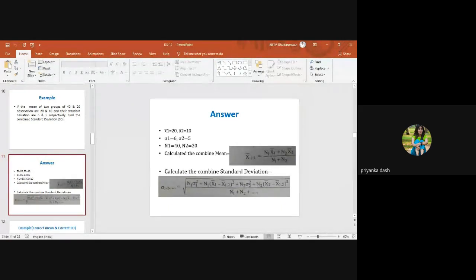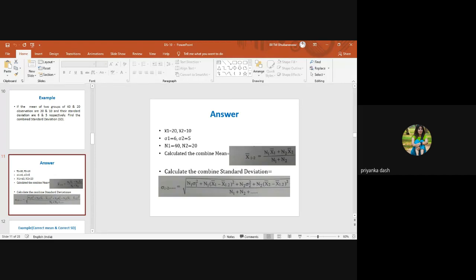The formula is given; you just simplify it. Sigma 1,2 equals, what is the value of N1 here? 40 into the square of 6, that is 36. Is it clear? Yes, sir. Moving to the next part: N1 is 40 into x1 bar, which is 20, minus the combined mean 16.66, whole square.